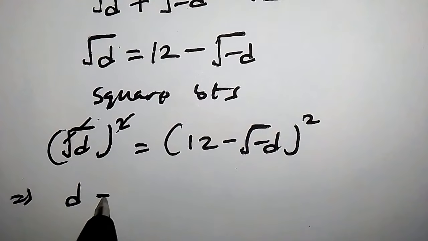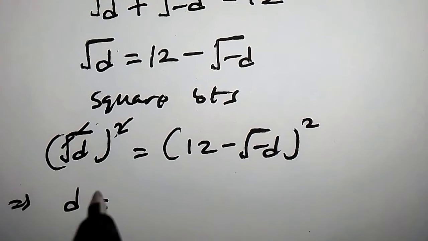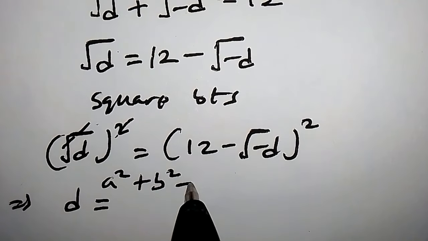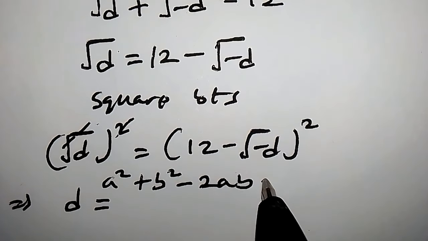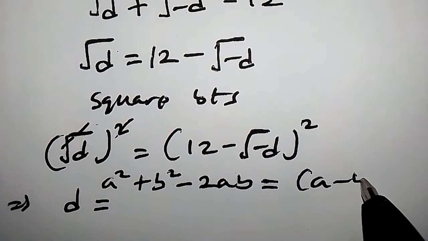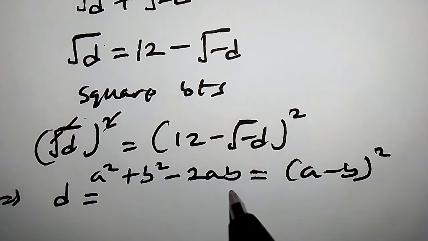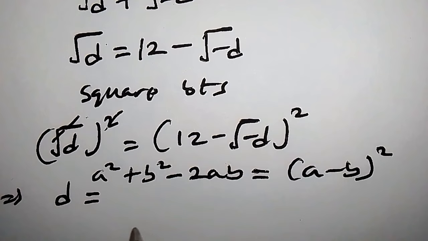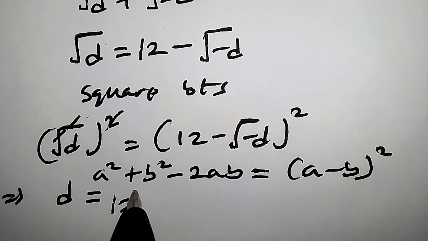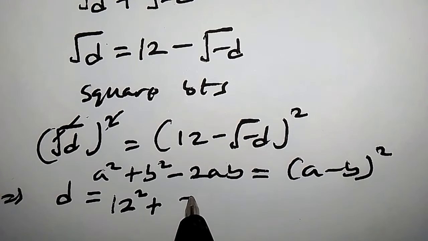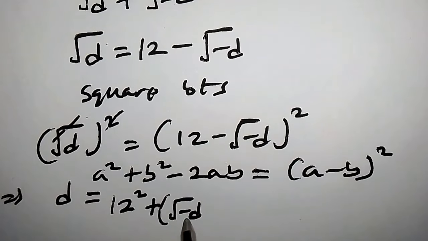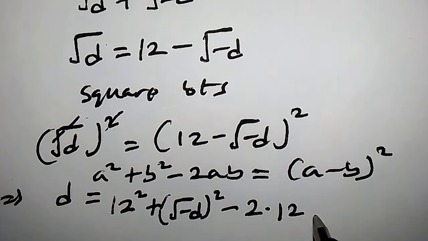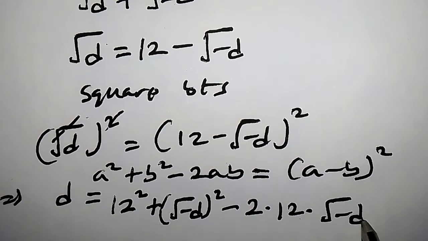We are left with d equal to, recall that a squared plus b squared minus 2ab is equal to a minus b all squared. Applying this property to this guy, we are going to have 12 squared plus square root of negative d all squared minus 2 times 12 times square root of negative d.